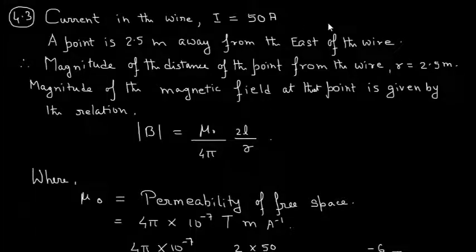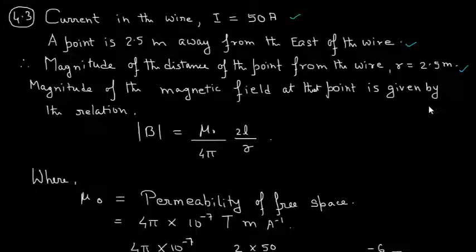So current in the wire I is equal to 50 ampere, which is given in the question. A point is 2.5 meter away from the east of the wire. This is also given. Therefore, the distance of the point from the wire r is equal to 2.5 meter.